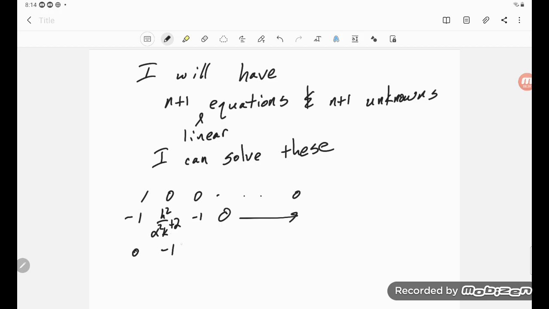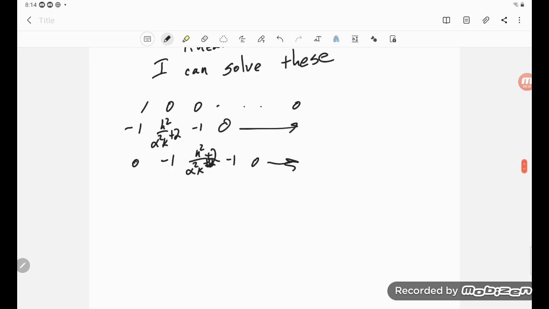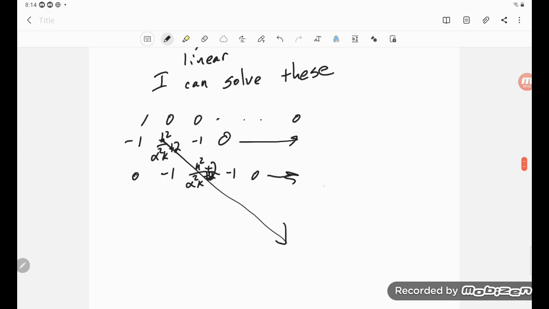And so you get a very structured system of equations. Those non-zero coefficients will go just down the diagonal like that. We call this a tri-diagonal system.